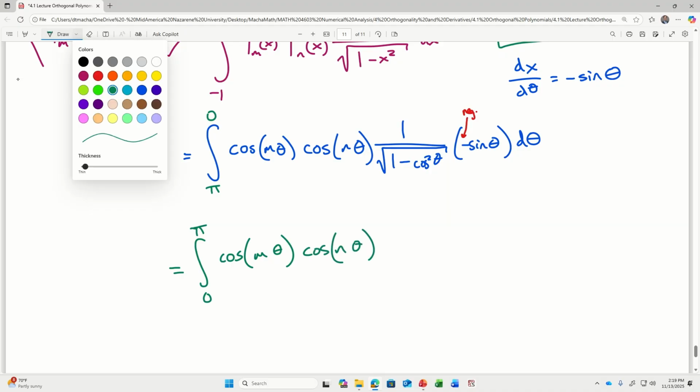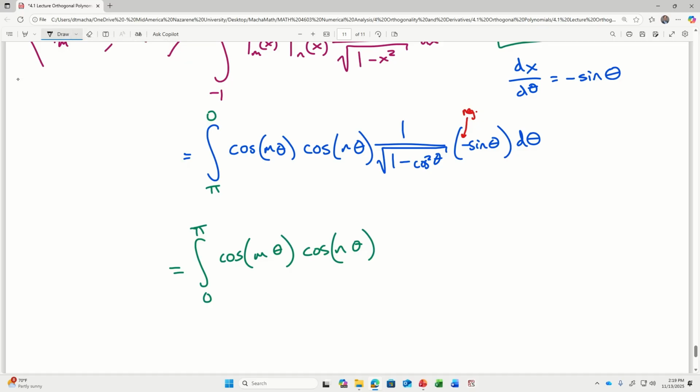And then you remember that 1 minus cosine squared is sine squared, right? And the square root of sine squared is sine. And the sine in the numerator cancels the sine in the denominator so that we get this.